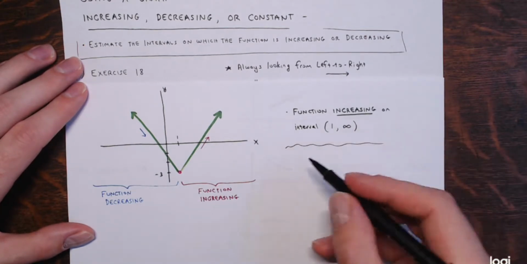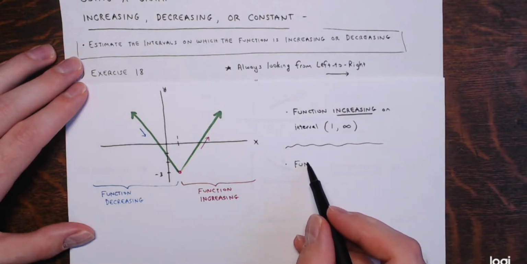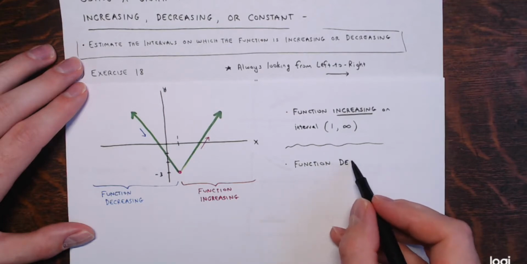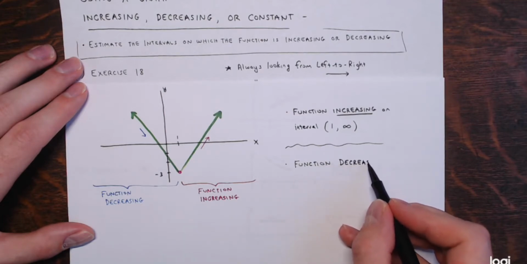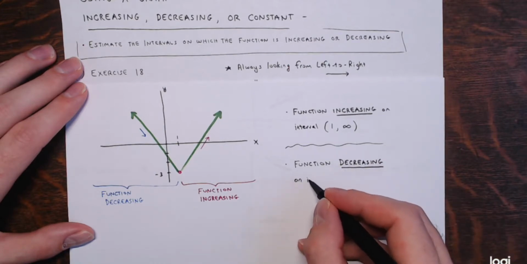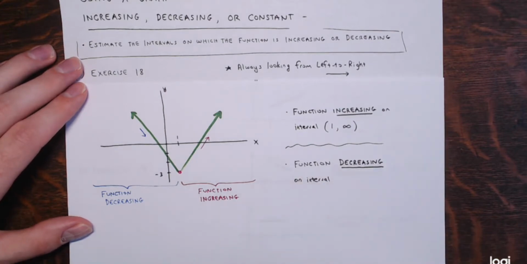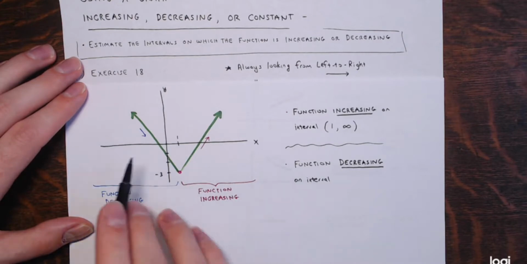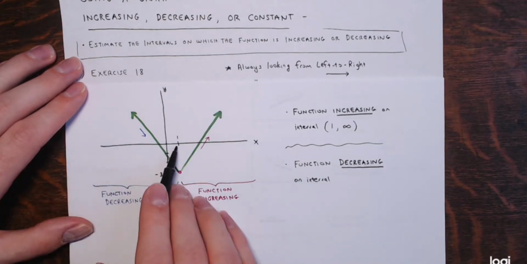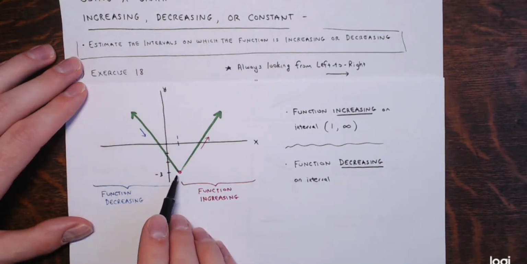And part number 2 here, where is the function decreasing? The function is decreasing on the interval, and after this I'll just say on, and just know that I'm talking about an interval on the x-axis. As we saw in the beginning, from negative infinity up to 1 on the x-axis, the graph is going down, the y values are decreasing.